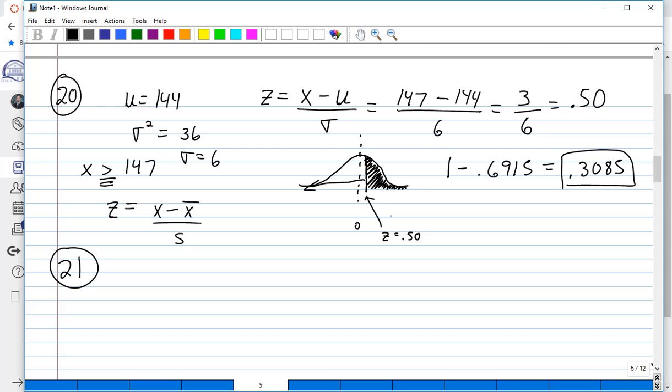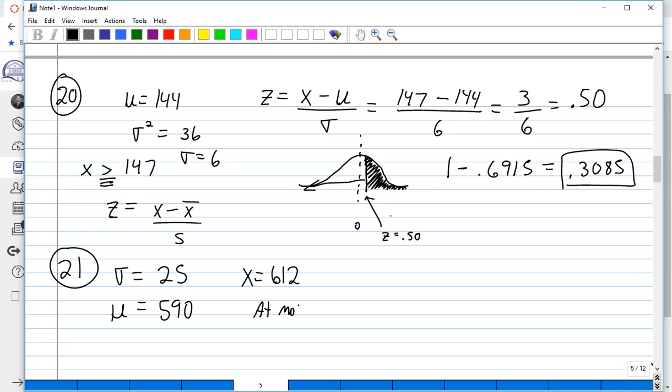Okay, so let's write down what we have. We have that the standard deviation is 25. We were also given that the mean was 590 hours. And that value of x that we're going to look at, remember, was 612. So at most is what it said.